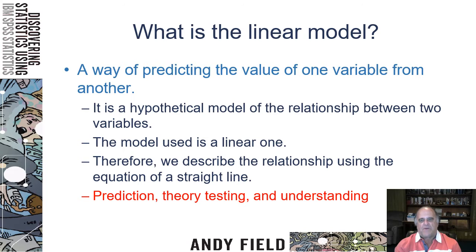It's a hypothetical model of the relationship between two or more variables. The model used is a linear one, and therefore we describe the relationship using the equation of a straight line. And what I would add to what Field says is that although we use the linear model for prediction, we also, of course, use it for theory testing and understanding.